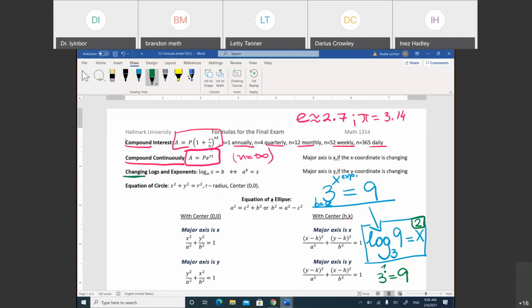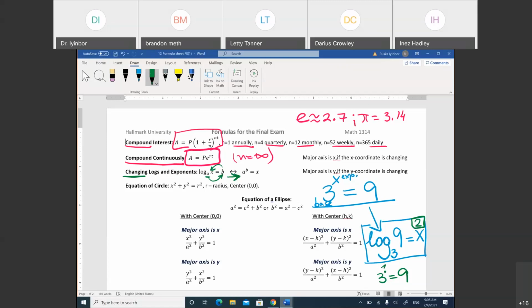If you're given a logarithm, base a of x equals b, you're going to go to the exponent this way. You write the base first, then you write this, the exponent equals this. So it's like a circle. You switch it around. That's how you change logarithm to exponent.